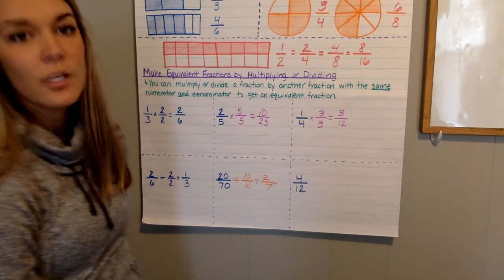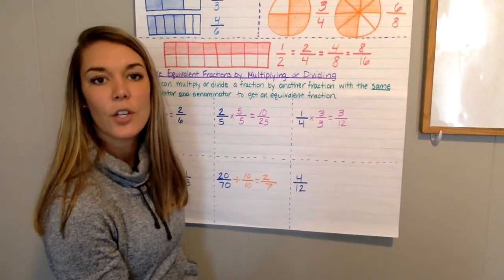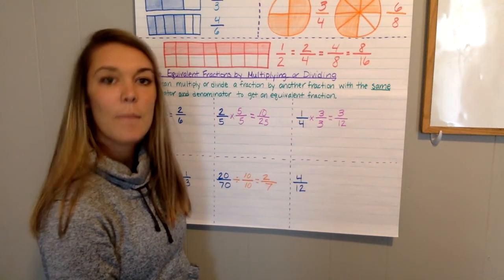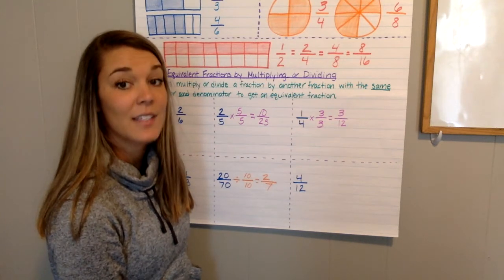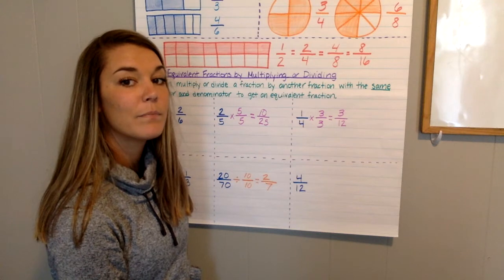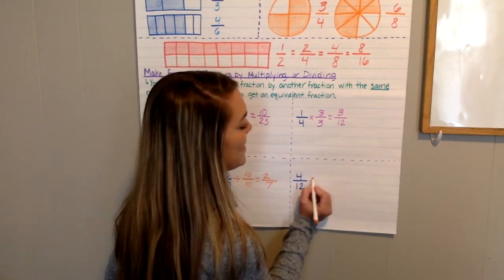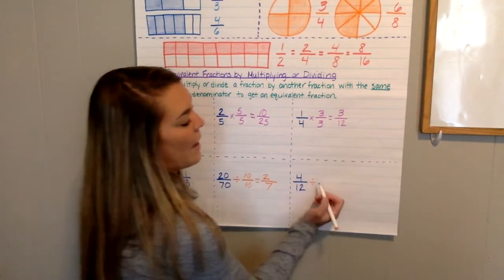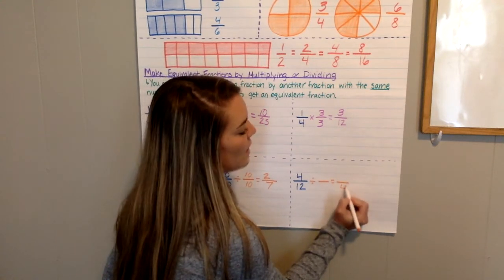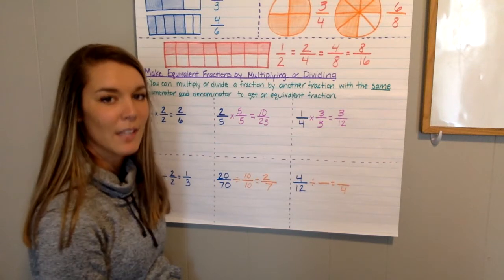Okay? For this one, we're going to do division again to find an equivalent fraction. But I'm going to put kind of the same spin on this one that I did on this one. Someone's going to tell you, you have 4/12. Make an equivalent fraction that has a denominator of 4. So we're going to do 4/12 divided by something that equals a fraction with a denominator of 4. Oh, okay, here we have this puzzle again.